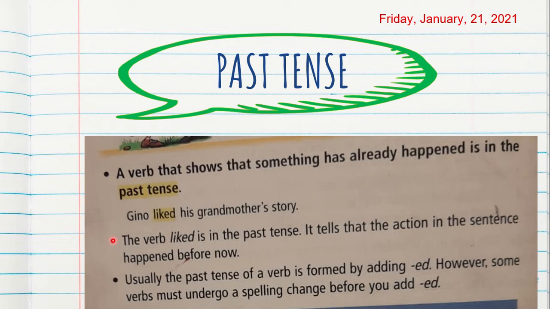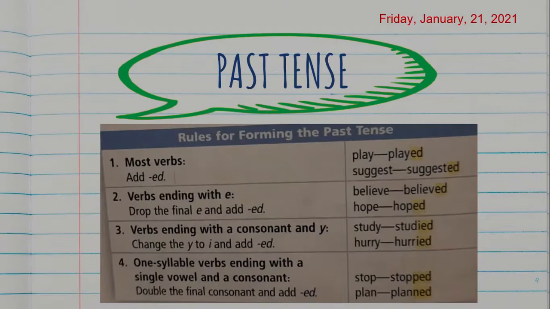It tells that the action in the sentence happened before now. Usually the past tense of a verb is formed by adding ed. I want you to underline the word ed, these two letters. However, some verbs must go under a spelling change before using the ed. Okay? Let's continue.